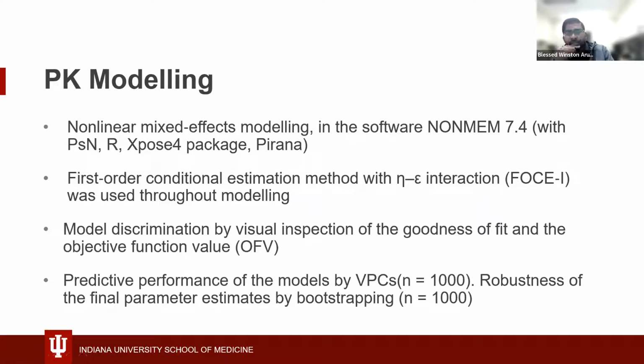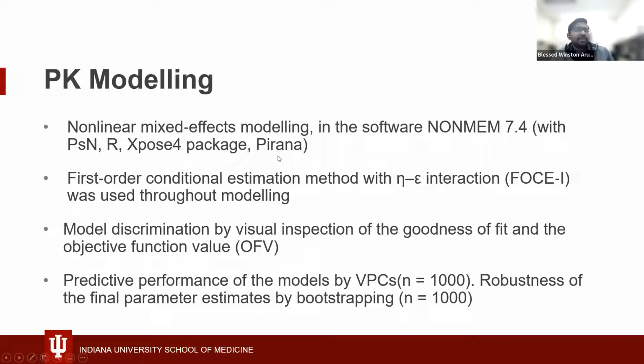And PK modeling was done with NONMEM with the help of PsN and Xpose4 package and Pirana, and also used R for the plots and other diagnostic things. Used mainly FOCEI.